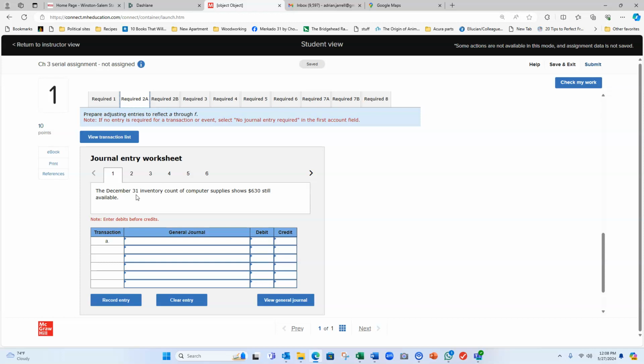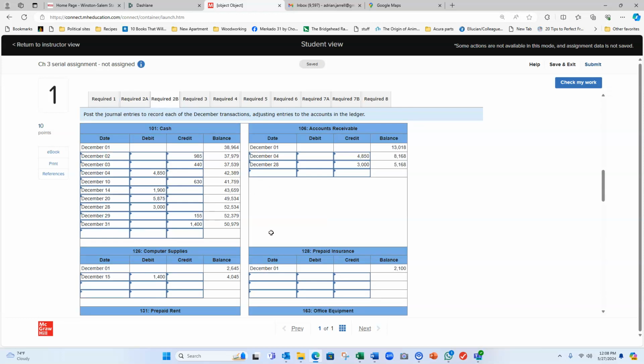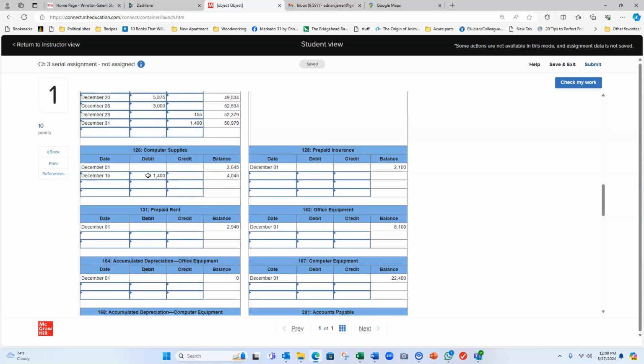This is where it gets important to have those balances. It says that the December 31st inventory count of computer supplies shows $630 still available. Well, my balance in computer supplies is $4,045. That's what I've got on paper, but I've only got $630 in the computer supplies closet.